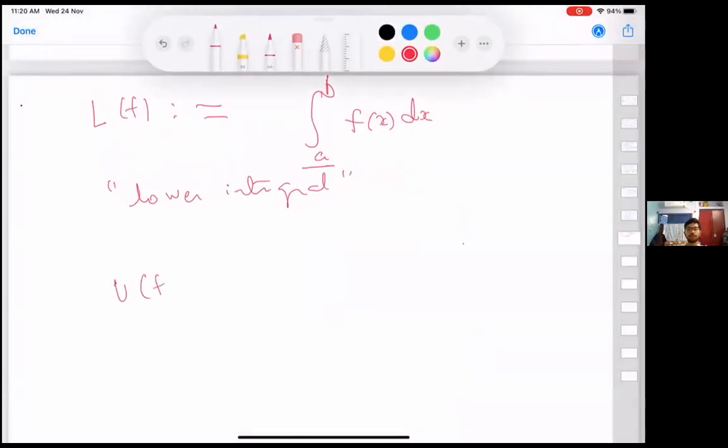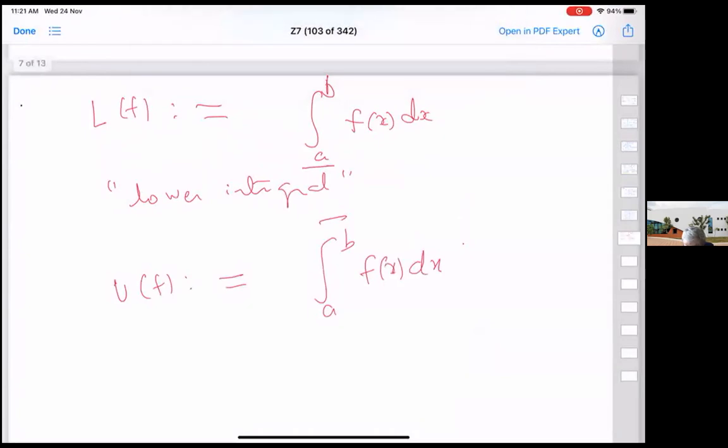The definition sign is opposite, right? Like the lower integral is defined as the LF. Just a minute. Let me finish this and I will go to what you are asking. Did I make a mistake? No, nothing.